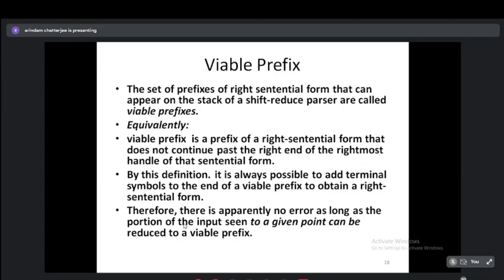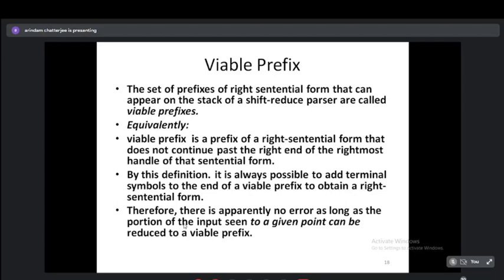Similarly we have the concept of suffix. But here we have the word viable as well. So you have a string and a prefix of that string, and whether that is viable or not. Viable means one that can occur, which is legal. You can have various prefixes which are not legal in case of a right sentential form.